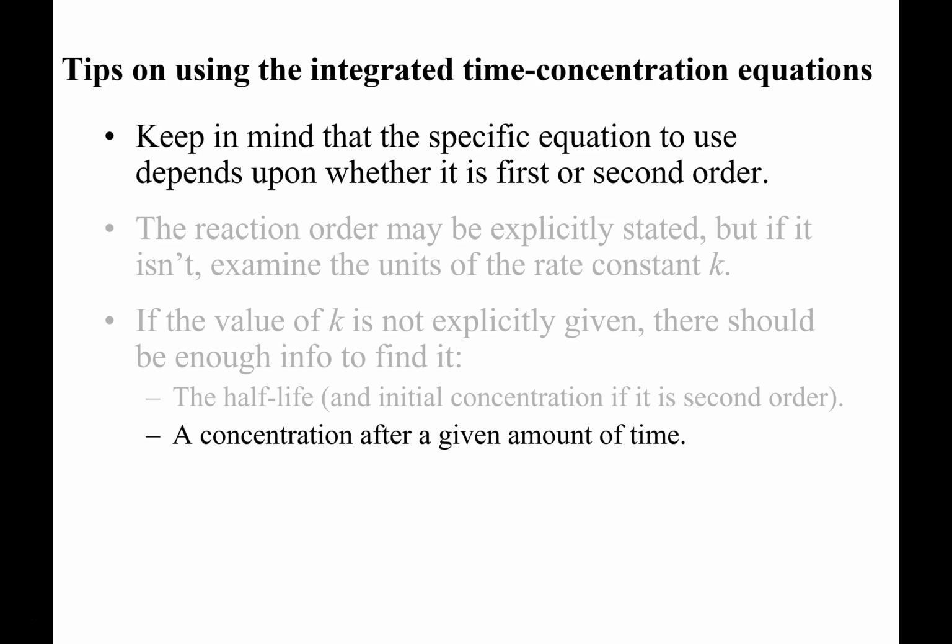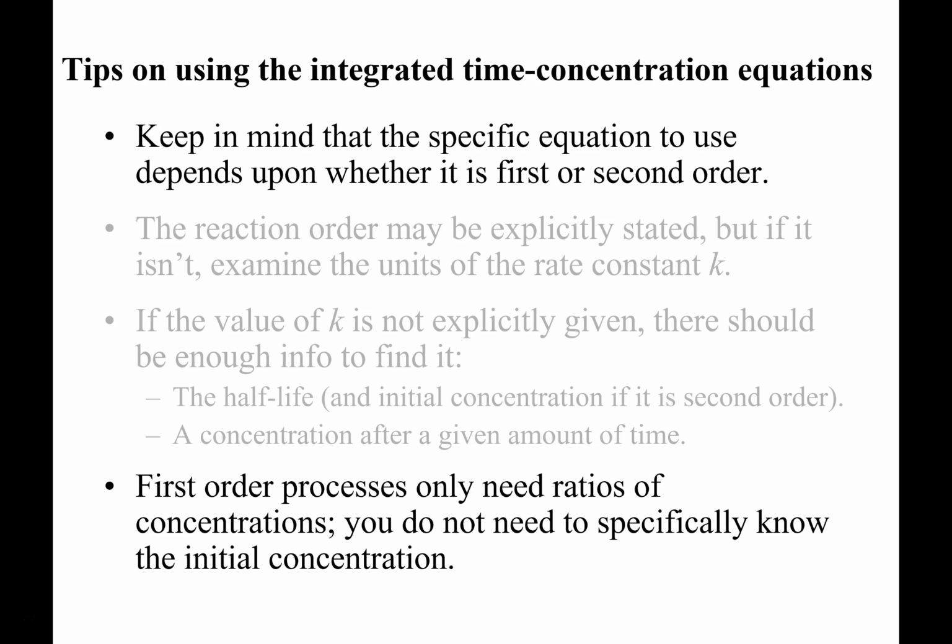The other thing is if k isn't given, but you are given the concentration after a given amount of time, you can find k. You can actually find k for both of these in that case. So for instance, if you're given the initial concentration, the concentration at time t, and time t, well, you can find k.